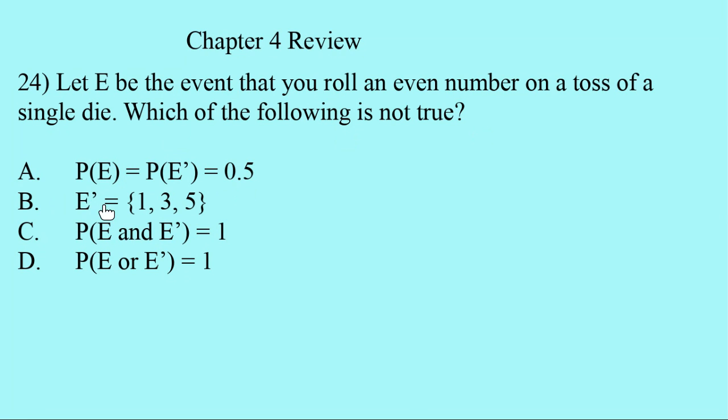E prime, that's what it's usually called, is equal to 1, 3, or 5. The probability of E and E prime equals 1. The probability of E or E prime equals 1. So you tell me which one you think it is.